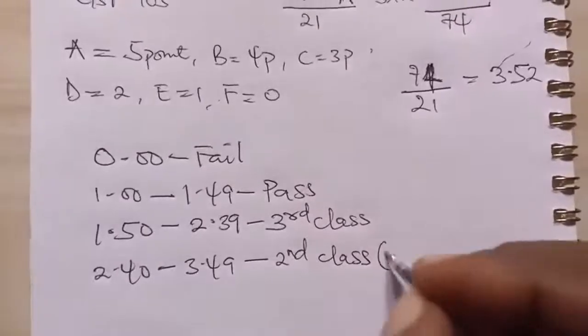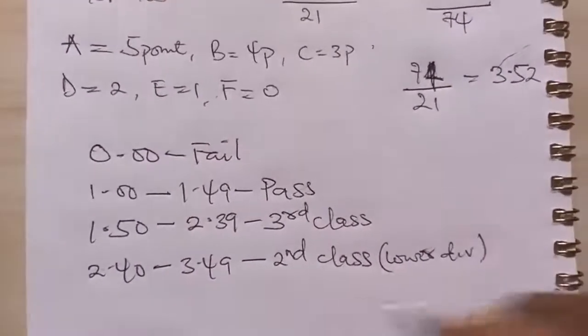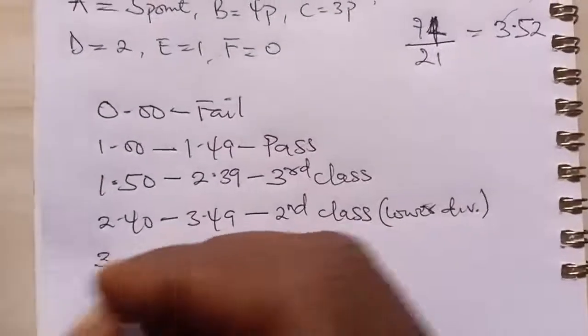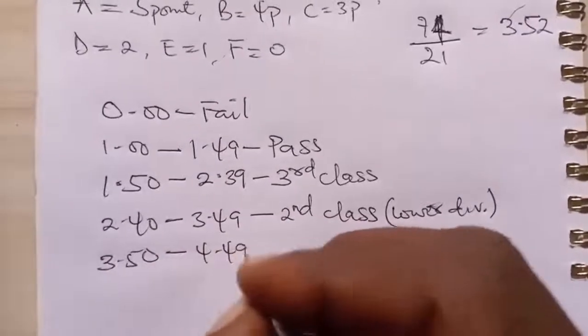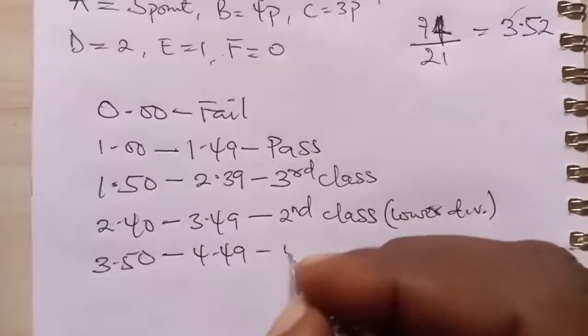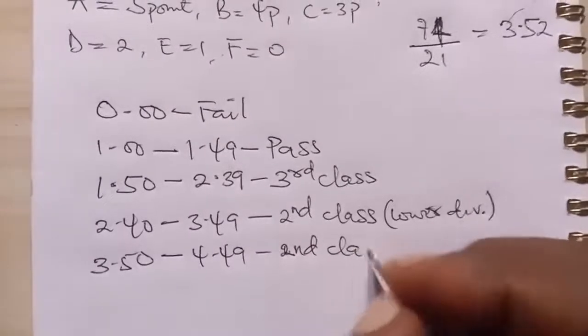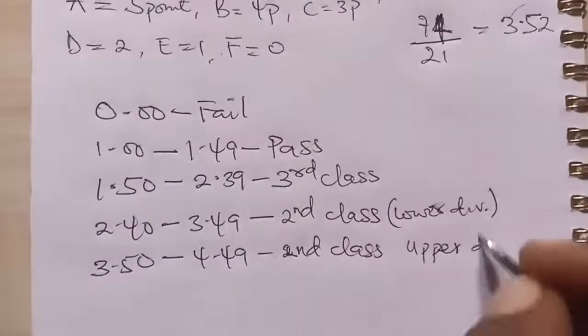but this is lower division, what we call 2-2. If a student now makes between 3.50 to 4.49, that student has made second class, but upper division, what we call 2-1.